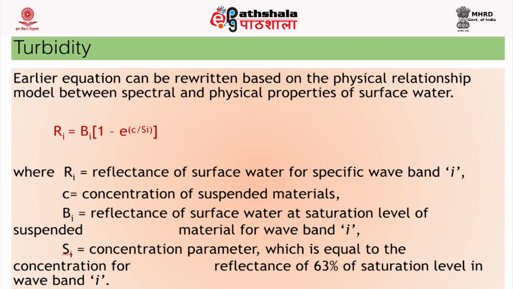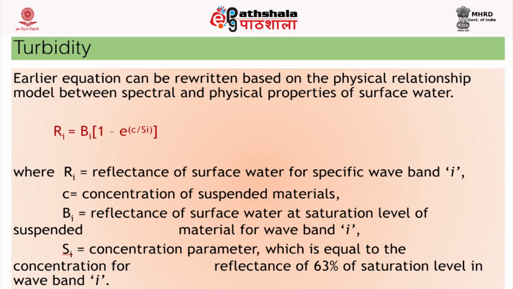For turbidity, the earlier equation can be rewritten based on the physical relationship model between spectral and physical properties of surface water by using the following equation. Ri is equal to Bi into 1 minus e to the power minus C by Si. Here Ri is the reflectance of surface water for specific waveband i.